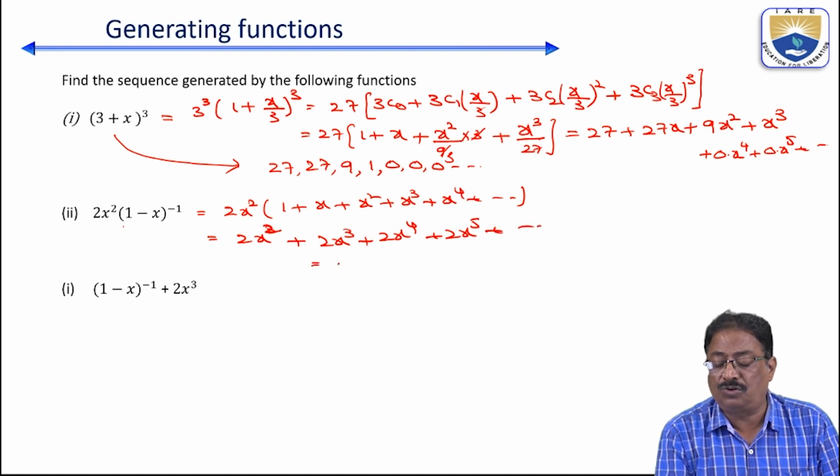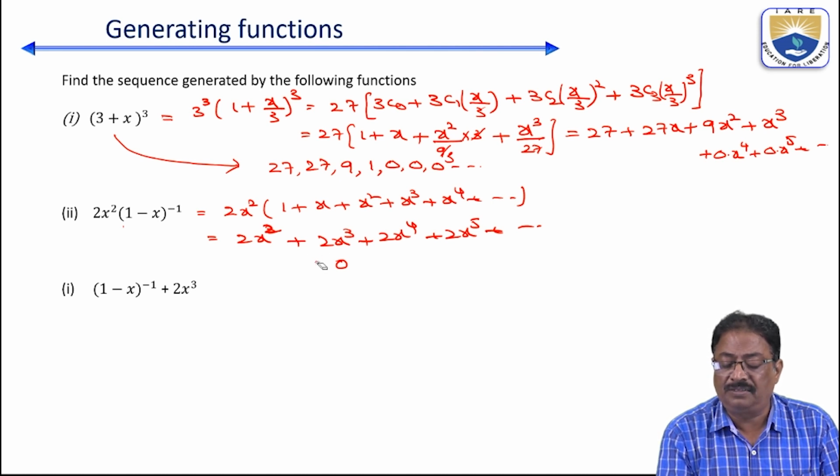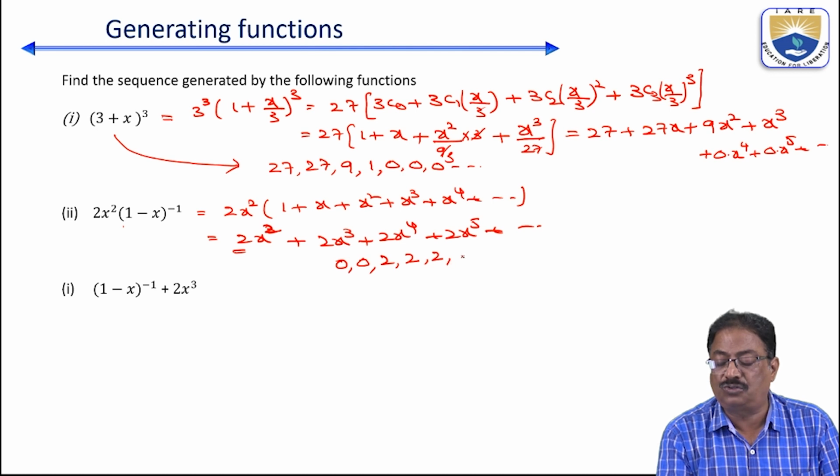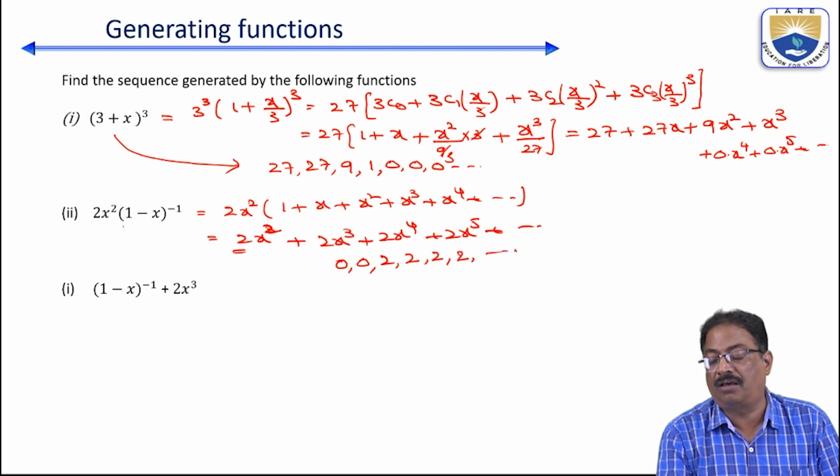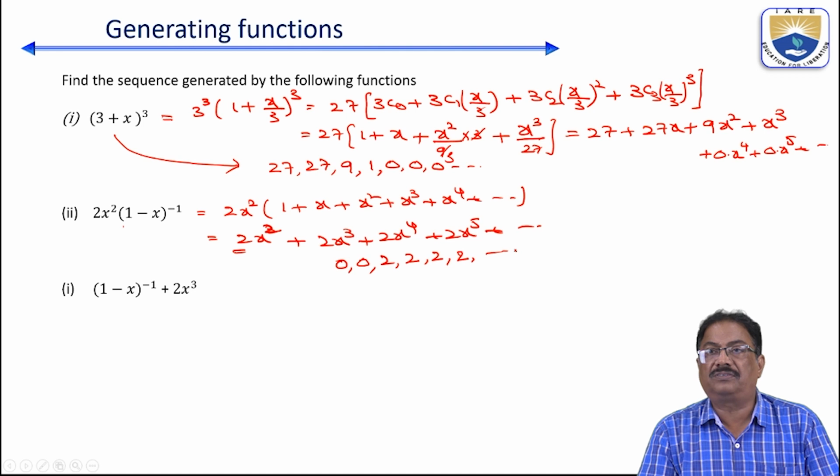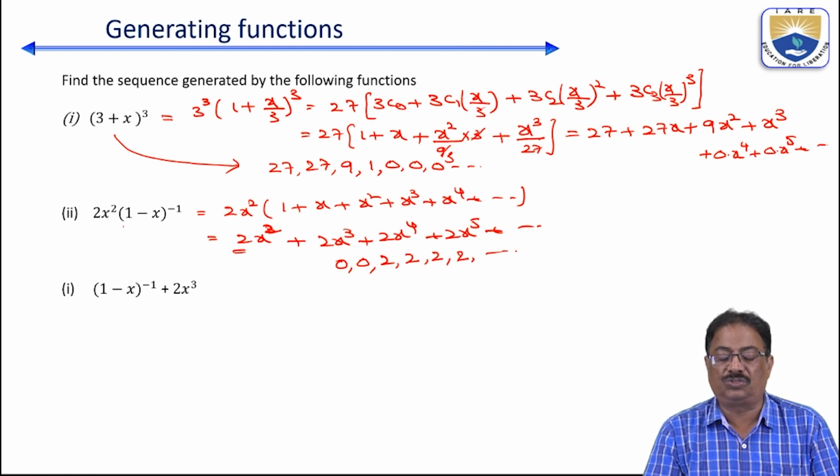There is no constant term here. There is no x term here. The x square coefficient is 2. The x cubed coefficient is 2. The x power 4 coefficient is 2. And the remaining are all 2. So it is the generating function for the sequence 0, 0, 2, 2, 2, 2 and so on.